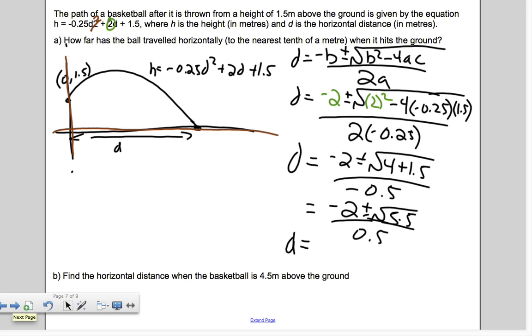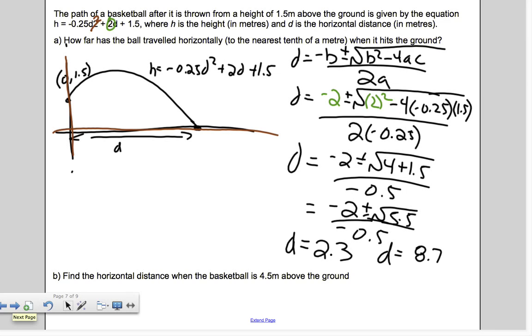So negative 2 plus the square root of 5.5 divided by negative 0.5, what do we get? Take the square root of 5.5, add that to negative 2. Yeah, to the nearest tenth, 2.3? And what's the d value when we're subtracting the square root? 8.7?